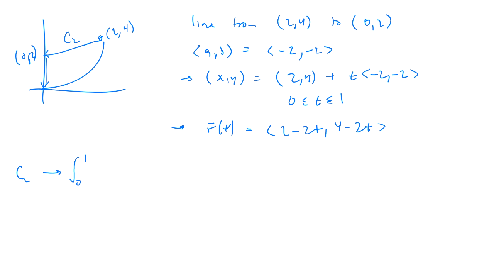And we know from the previous one that there are two steps. We now have to put this parameterization into the function. So we have 6x squared y, and then x plus 2y.